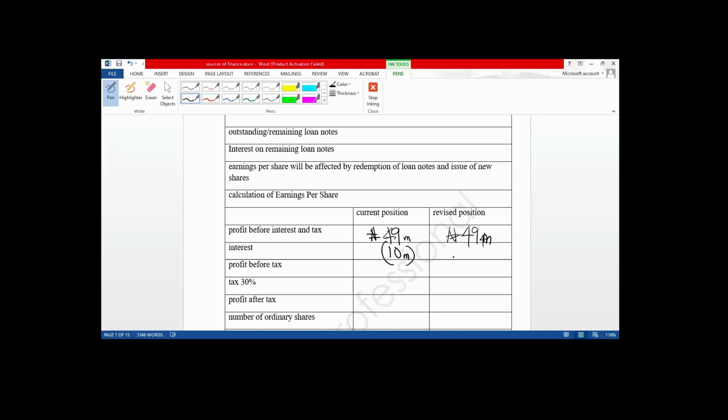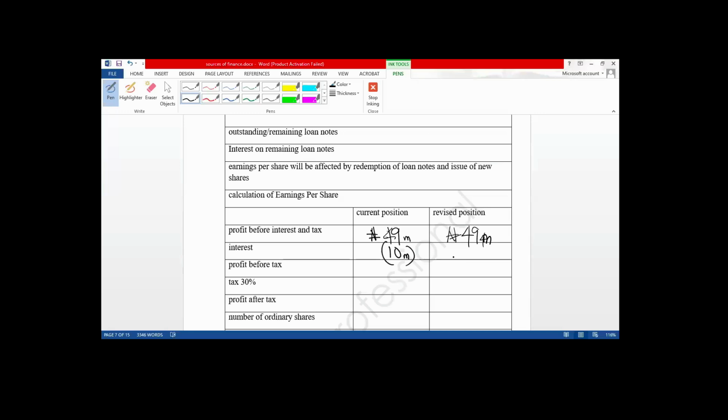You are going to issue more equity. The money realized from the equity will be used to repay your existing debt. That means the debt will reduce. Reduction in debt will lead to reduction in interest expense. Is that point clear, please?